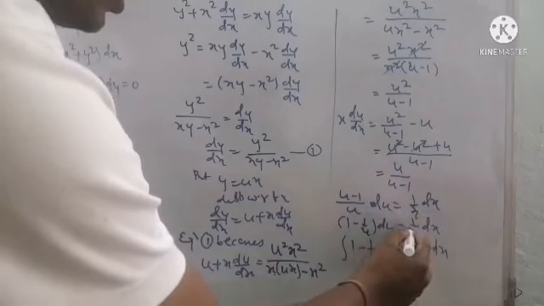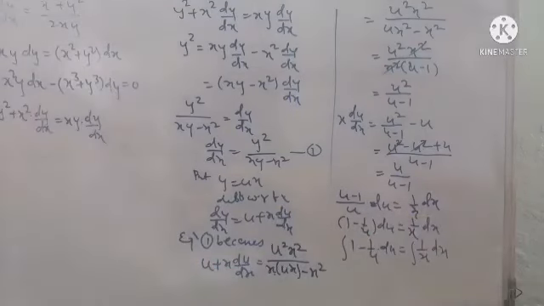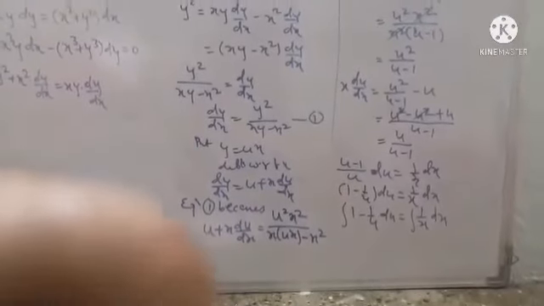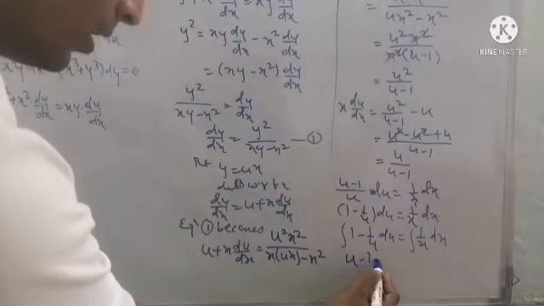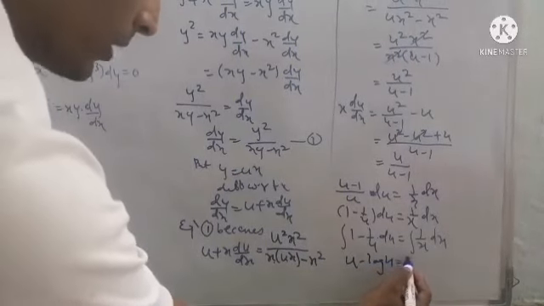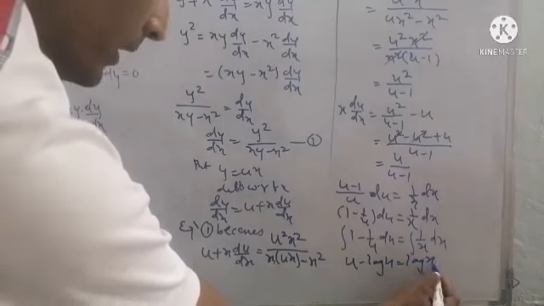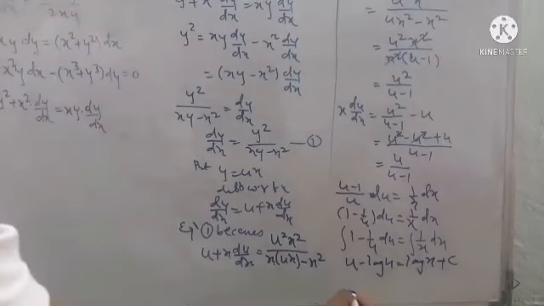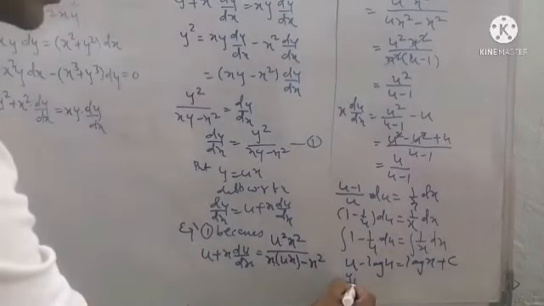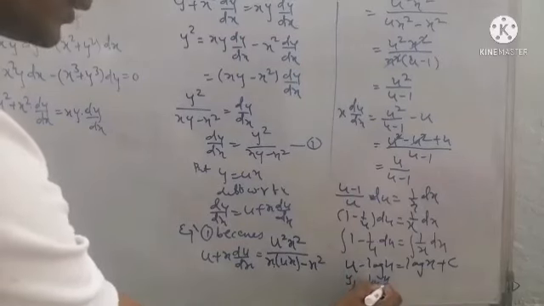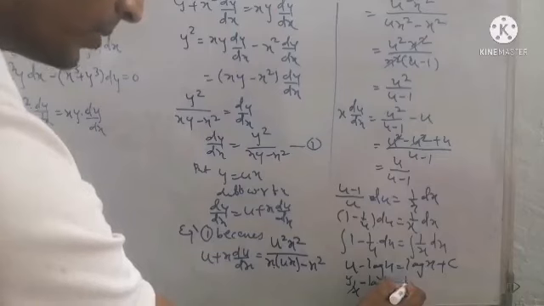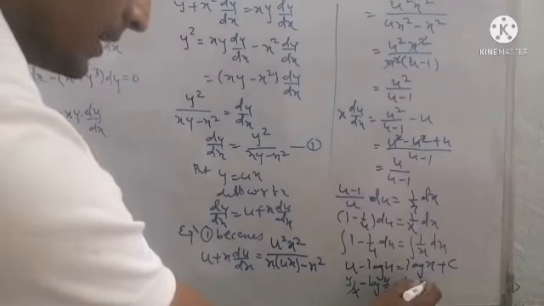Okay, so simple integration we have to take as subtraction. 1 with respect to u du has integration u, and 1 upon u has integration log of u, and on the right hand side we get integration of 1 upon x as log of x plus c. Finally, by putting u as y upon x we get y upon x minus log of y upon x is equal to log of x plus c.